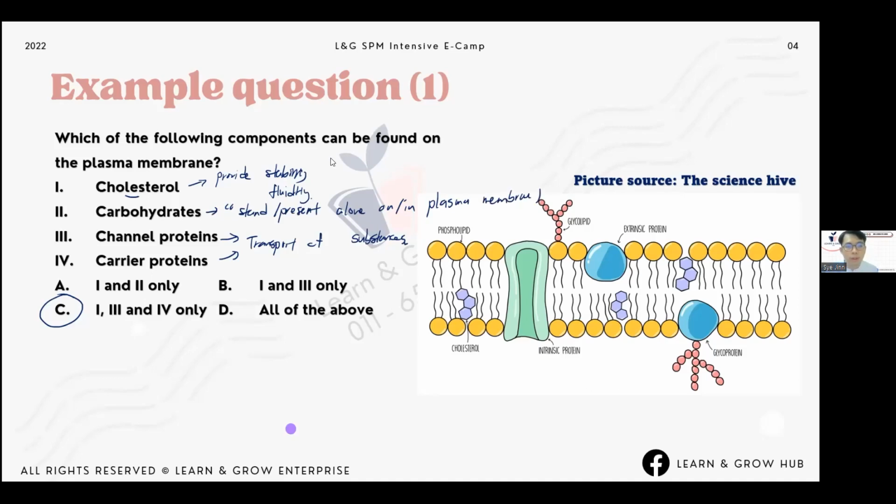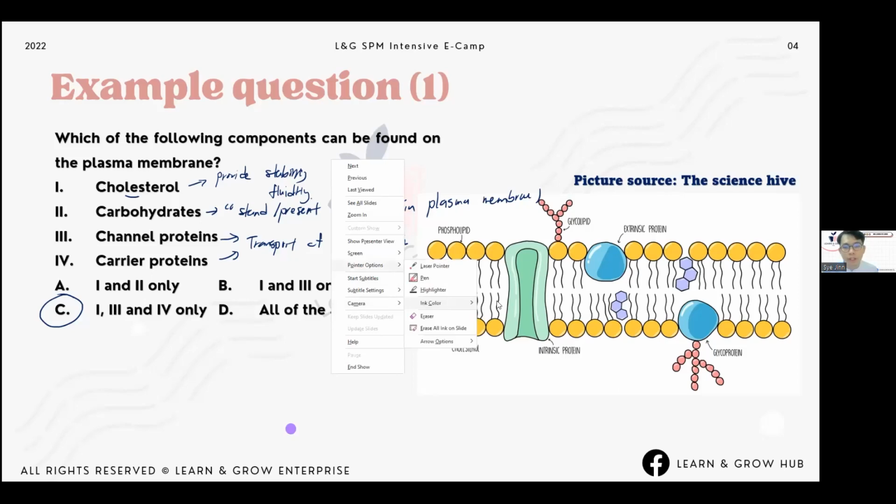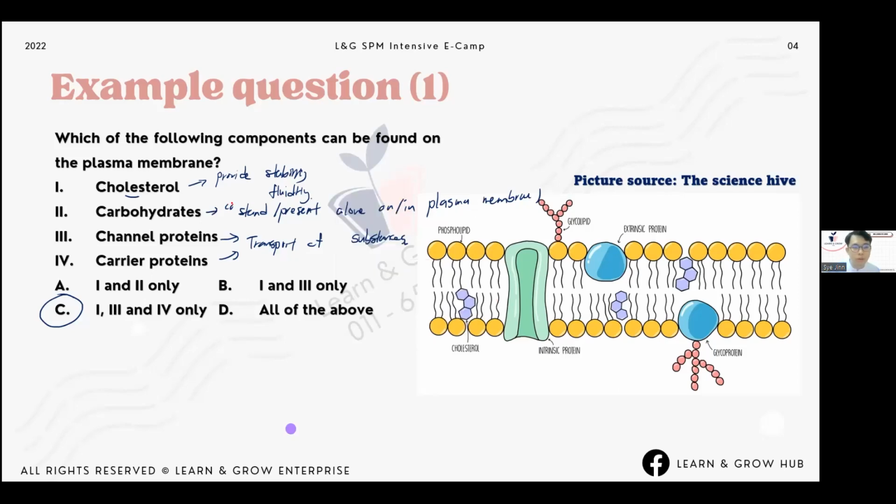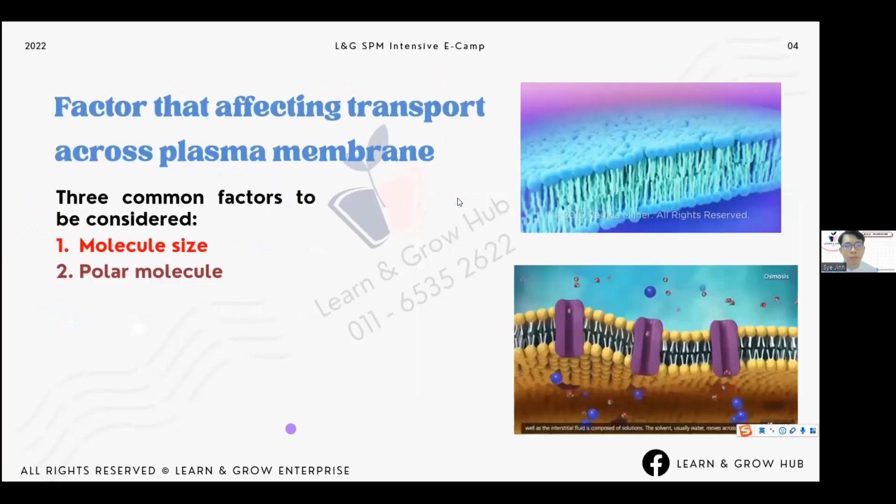It must either combine with the lipid to become a glycolipid, or combine with the protein to become a glycoprotein. Thanks for the response today. Let's proceed to the next topic.